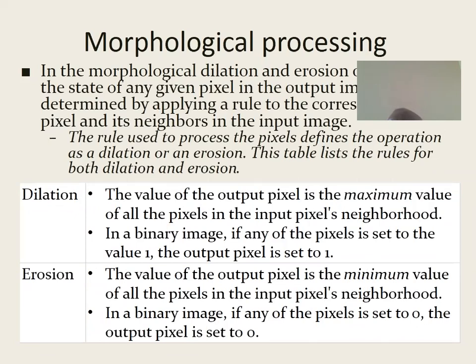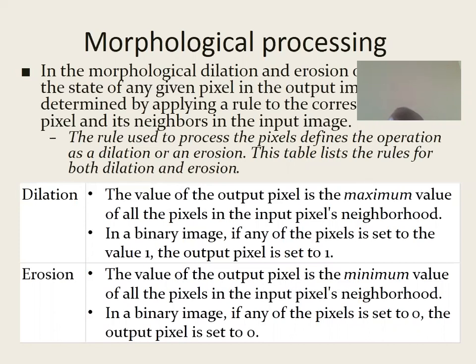As a result, after applying image filtering, after applying image enhancement, we have to go for morphological analysis to analyze the structure of the picture and make a correction to the shape or structure of that image.